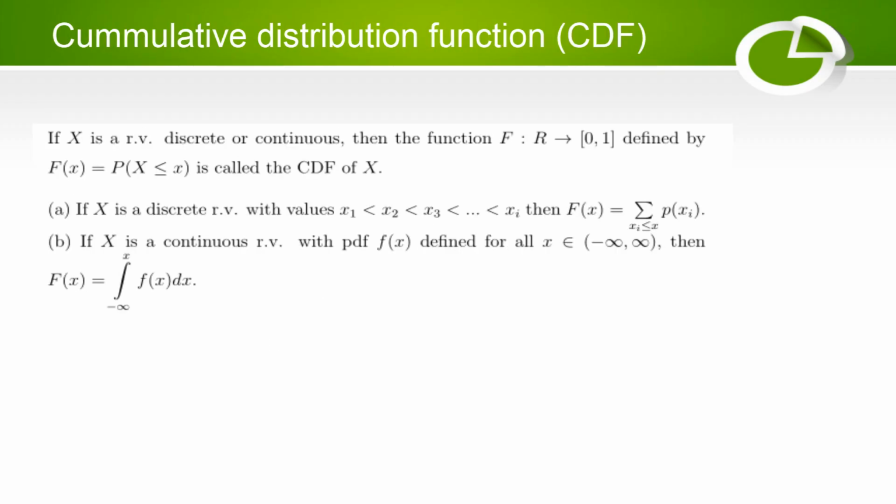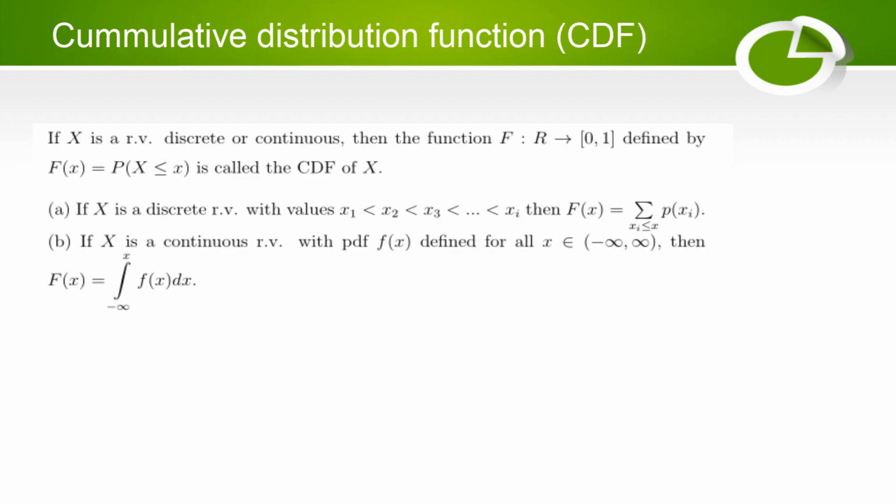Cumulative distribution function or distribution function. If x is a random variable, discrete or continuous, then the function F from R to R defined by F(x) = P(X ≤ x) is called the cumulative distribution function of x.